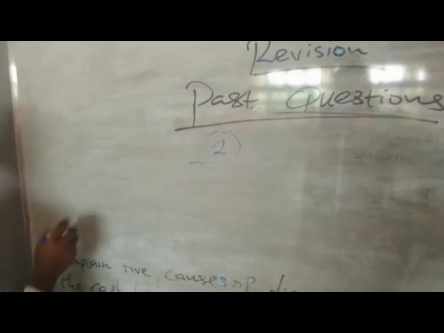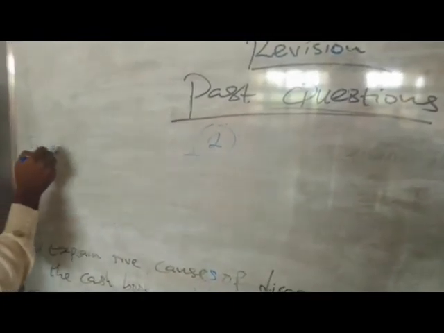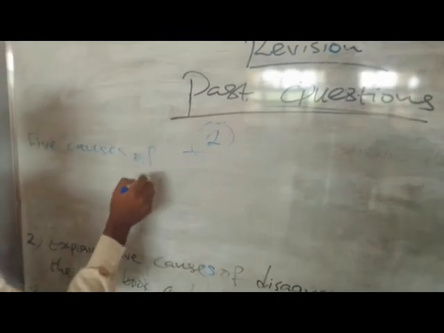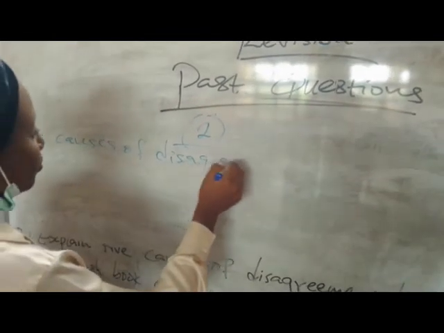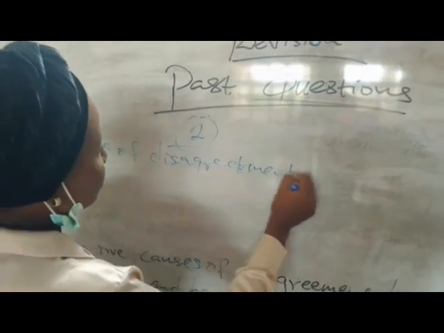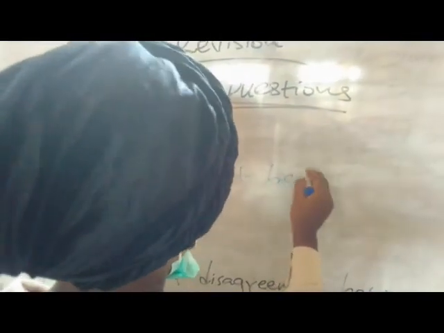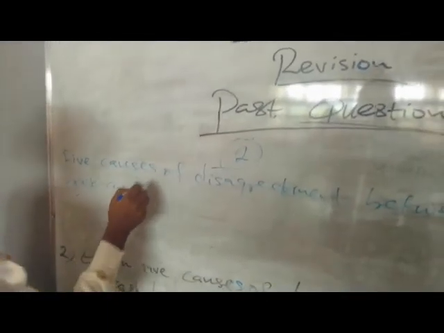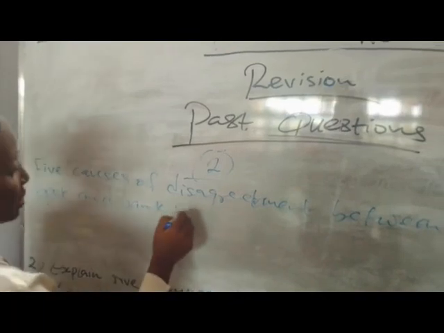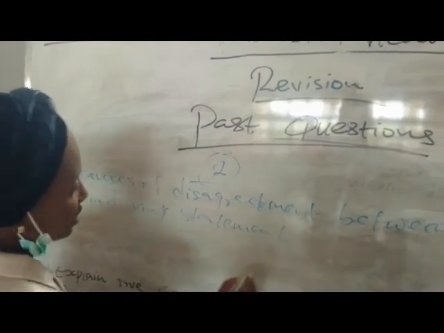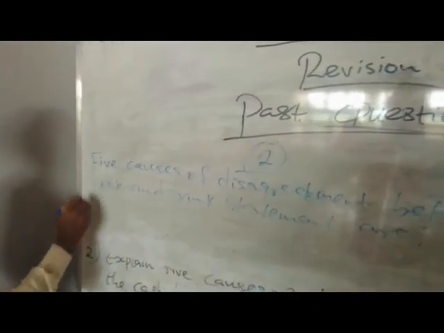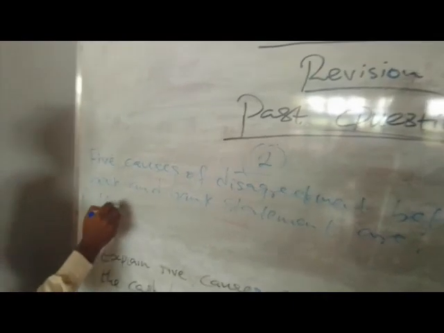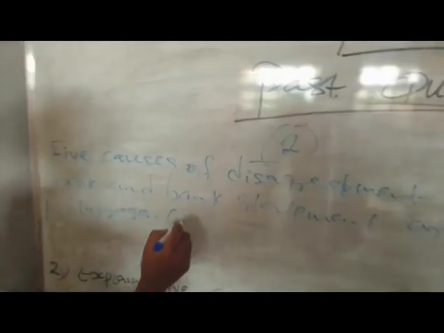Now we have 5 causes of disagreement between the cash book and bank statement. We have unpresented cheque.